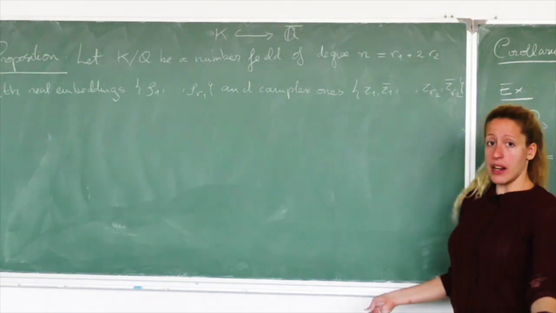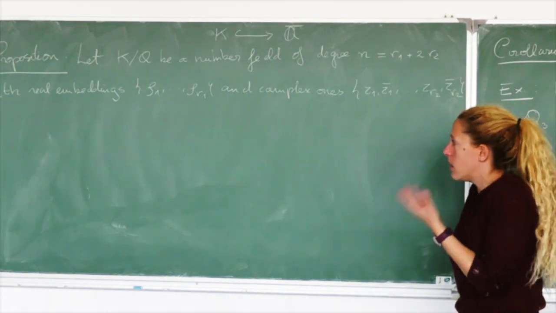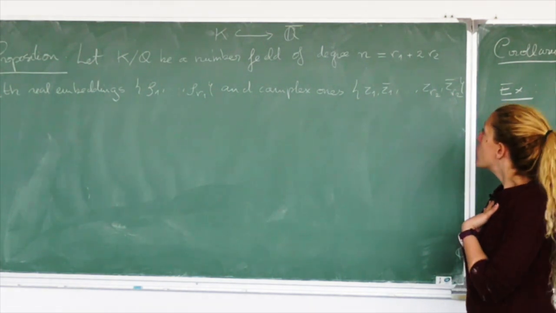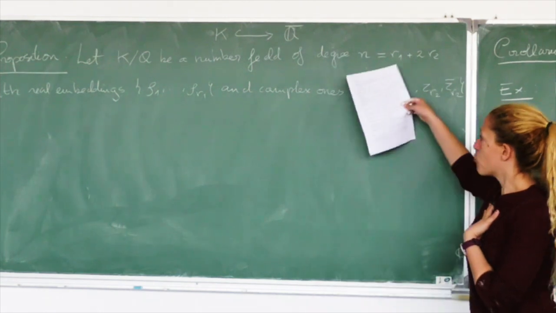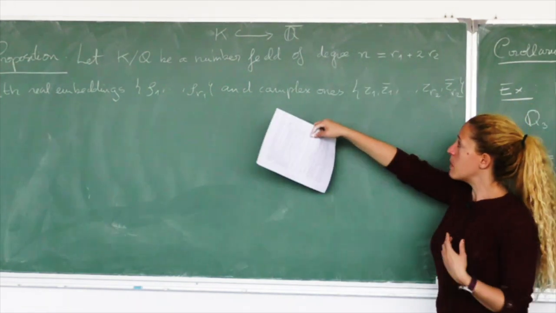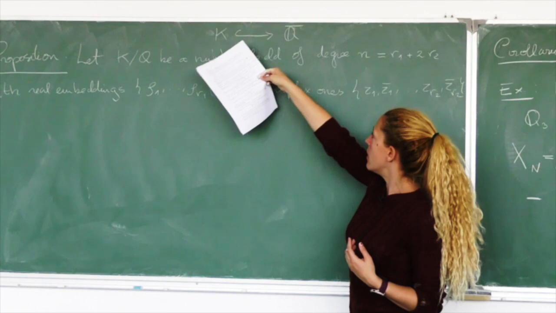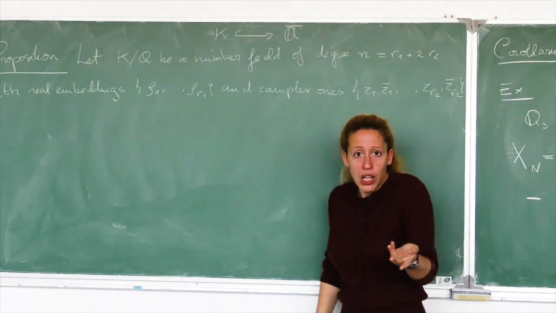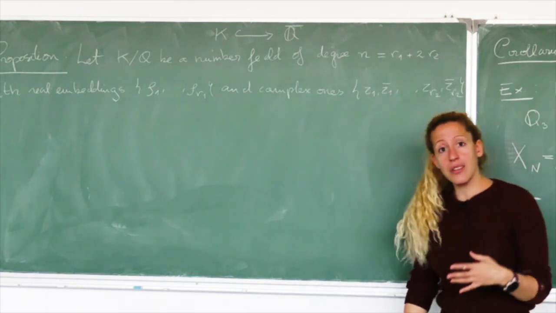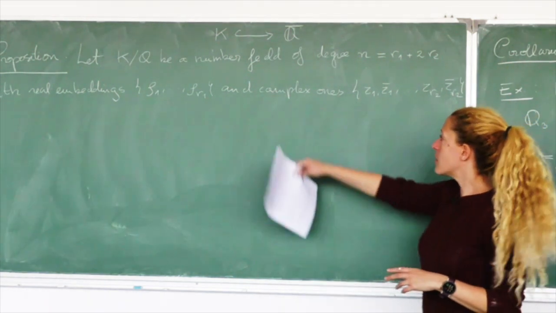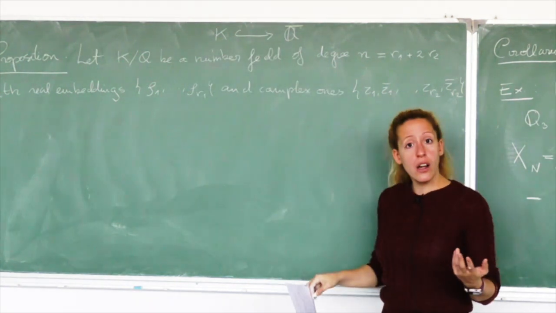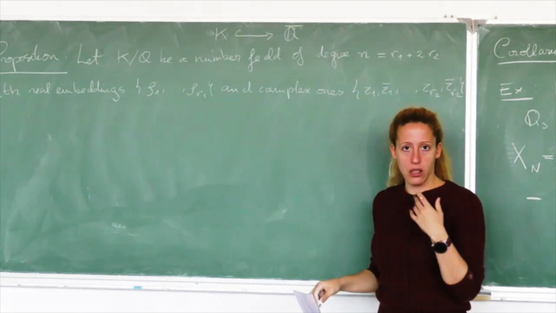In general, when you have a degree n number field, you have n embeddings. Some of those embeddings are real ones, meaning that the image of K into Q bar is contained in the real numbers. And some of them are complex ones, meaning that the image of K into Q bar is not contained in the reals.